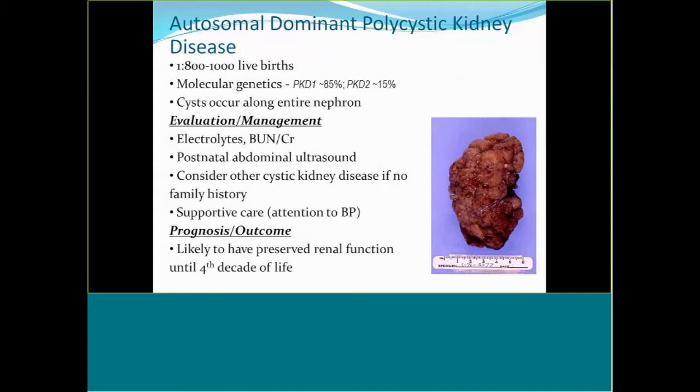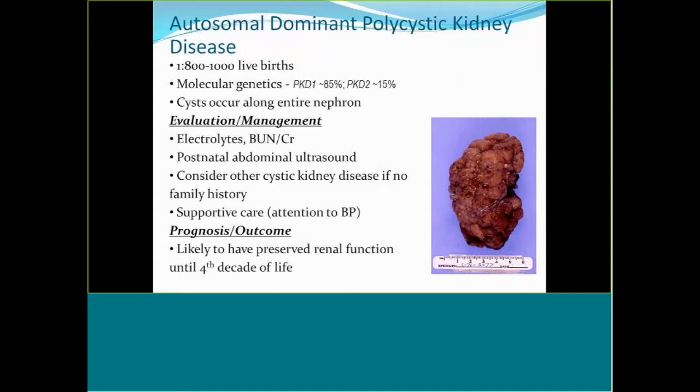Similar workup that you're going to do, look at kidney function, the abdominal ultrasound. If there's no family history and you find kidneys that look like this, consider that there may be some other type of cystic disease in the family. Supportive care, similar to what you see with the recessive, with attention to blood pressure.